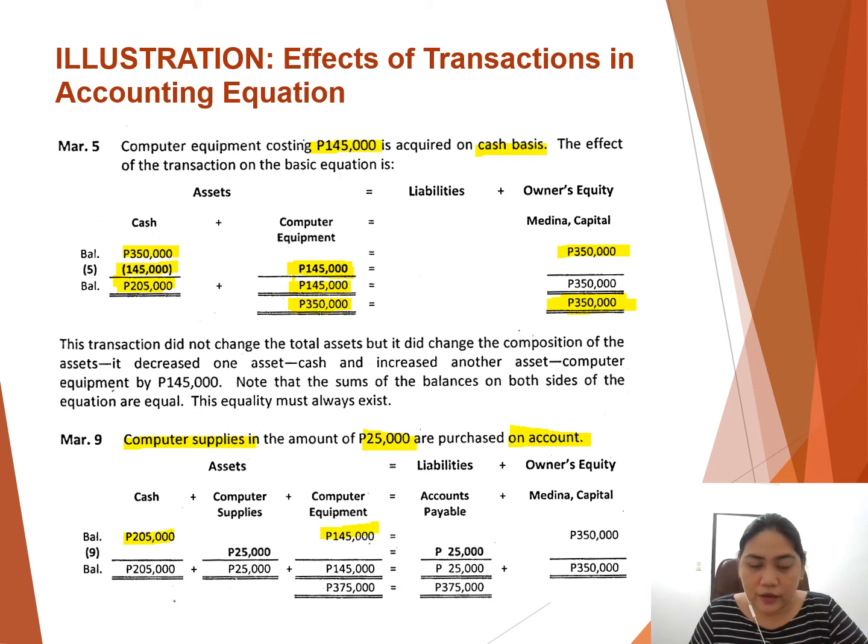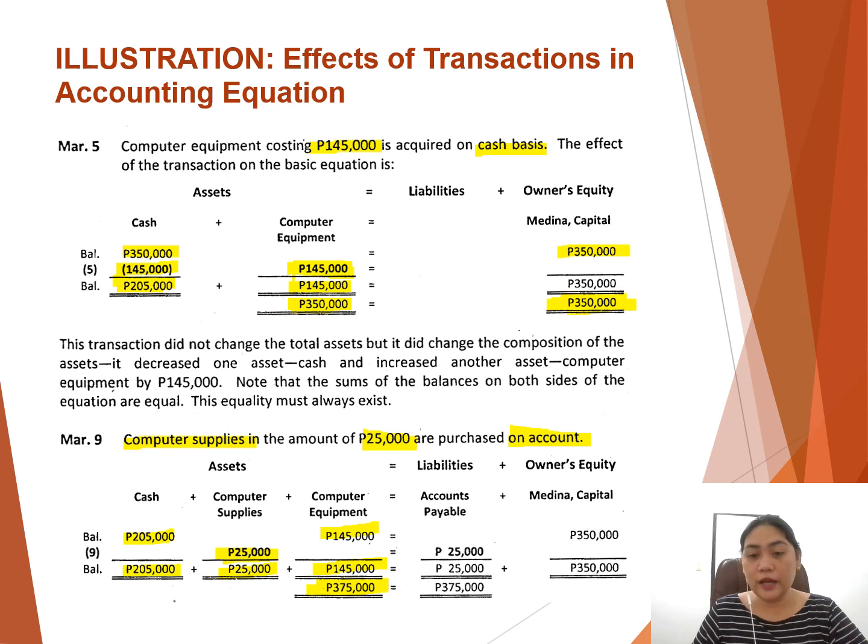But then, nangutang ng computer supplies. So, nadagdagan yung computer supplies. So, ibababa lang natin to kasi wala namang nadagdag na transaction. Ito din, ito din. Then, we have to add the three of them. 205,000 plus 25,000 plus 145,000. So, the total is 375,000.